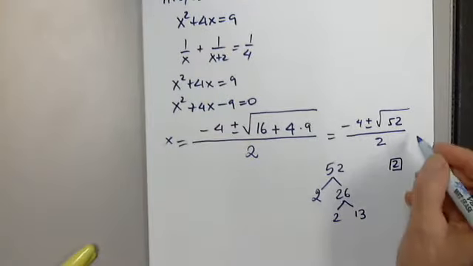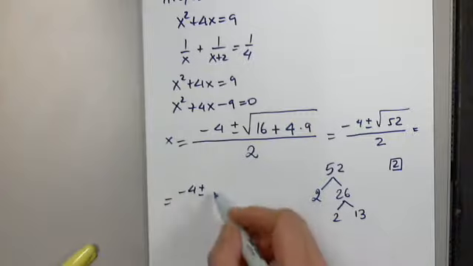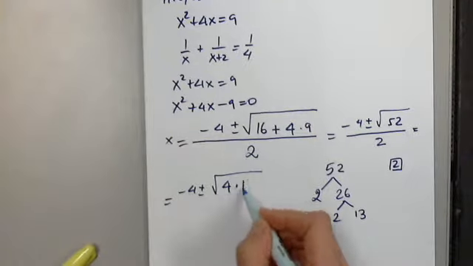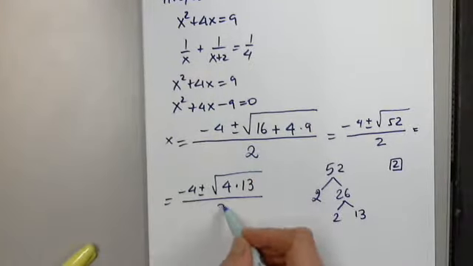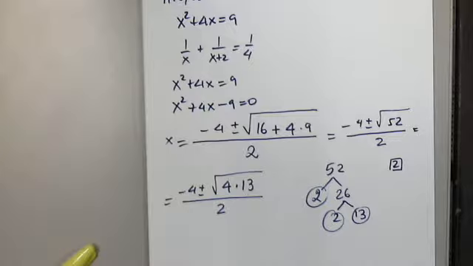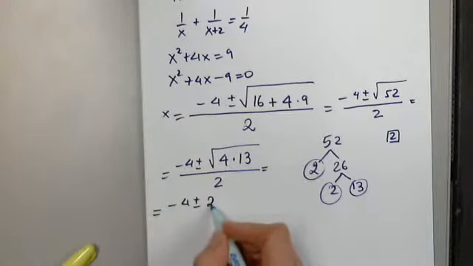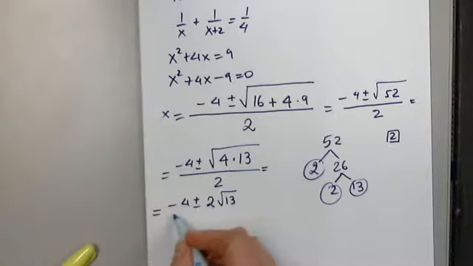So therefore, I will continue writing -4 plus or minus the square root of 4 times 13, divided by 2. 52 was broken up into 2 times 2 times 13, which means 4 times 13. Now, I have to simplify the square root of 4 times 13. So -4 plus or minus 2 times the square root of 13, divided by 2.